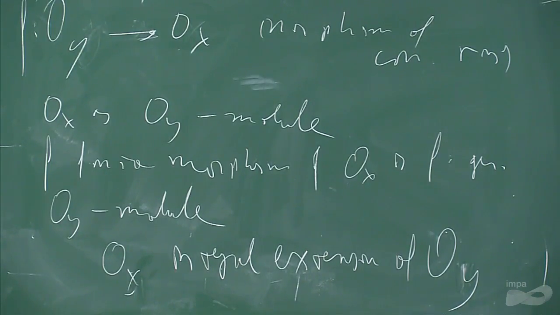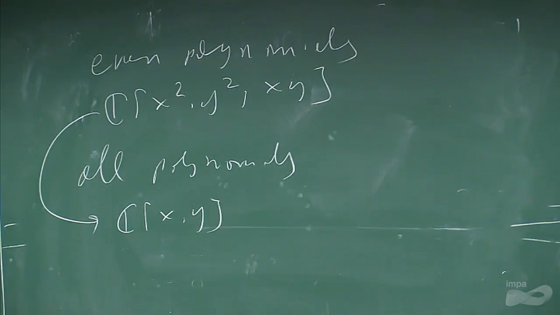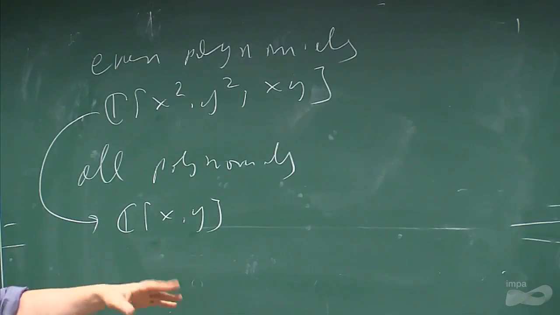Let me give you another example. You can have even polynomials, C of x^2, y^2, and xy, inside all polynomials, C of x and y. So this is mapped to that. But then this is generated over that by 1, x and y.